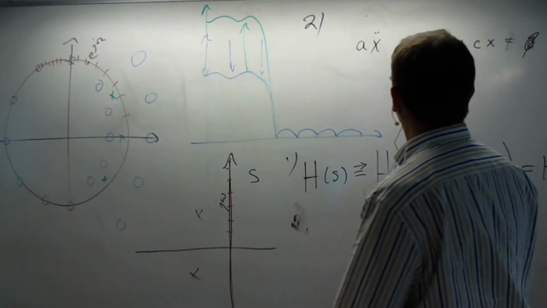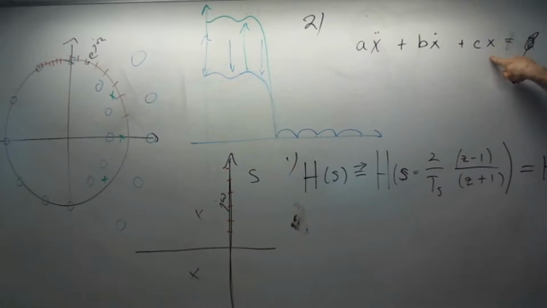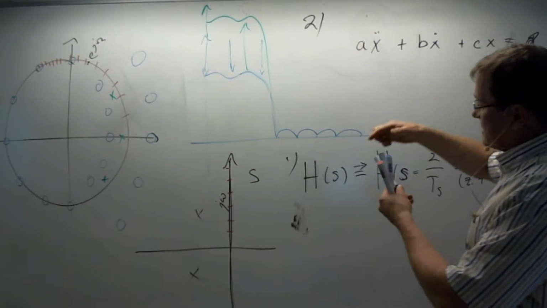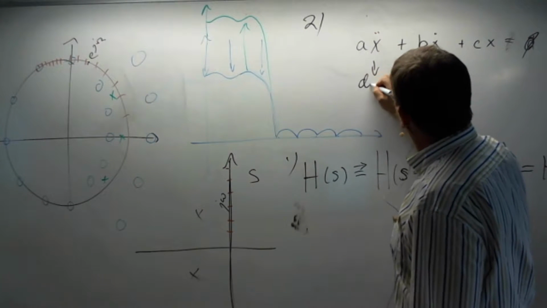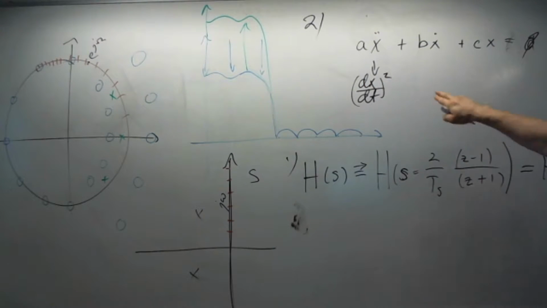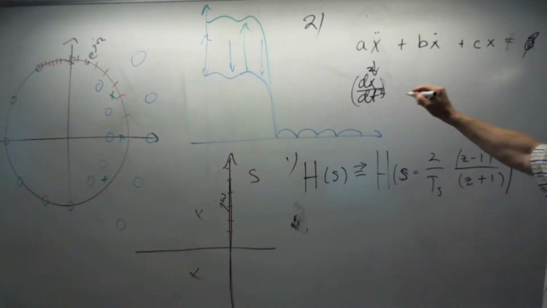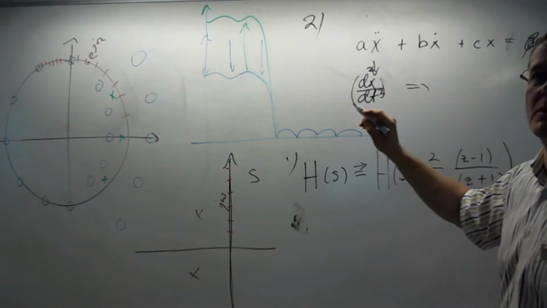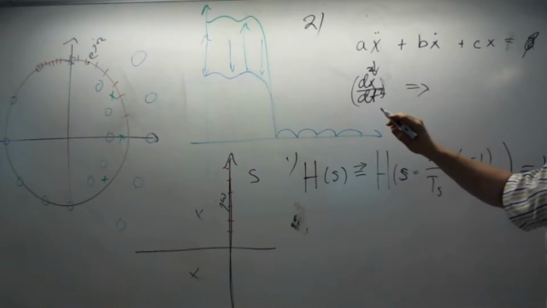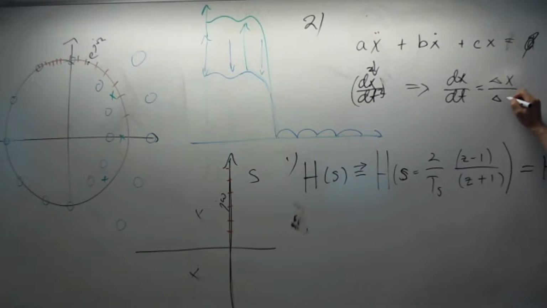That's basically acceleration, that's speed, that's position. Those are the time derivatives, dx over dt, and d squared x over dt squared, the second time derivative. Parametric modeling is quite simple. You just replace dx over dt by delta x over delta t.